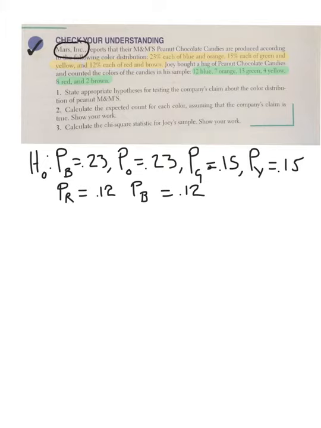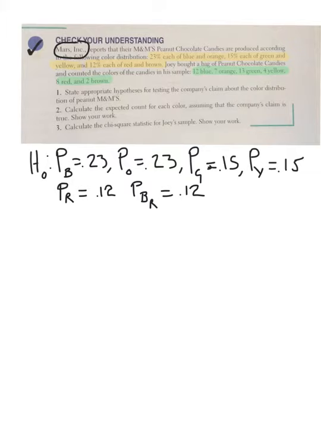So we just list them. Probability of blue, 23%. Probability of orange is 23%. Green is 15%. Yellow is 15%. Probability of red is 12%. Probability of brown, I should probably do something different for that, so we don't use the same thing. Anyway, we just list them.